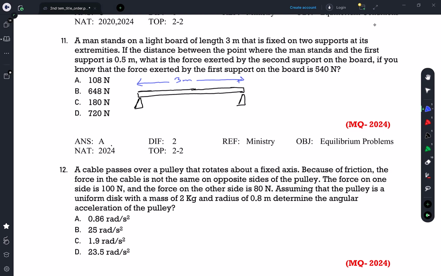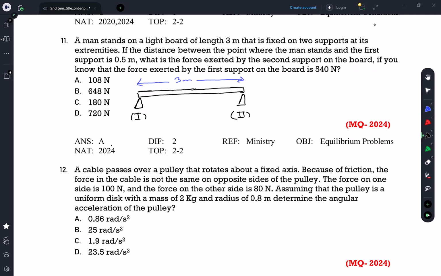And there's a man who stands 0.5 meters from the first support. So which one are you going to say is the first support? It's up to you. So let's say the one on the left is the first support, the one on the right, the second support. So the man is going to be standing closer to the first support because the midpoint is 1.5.